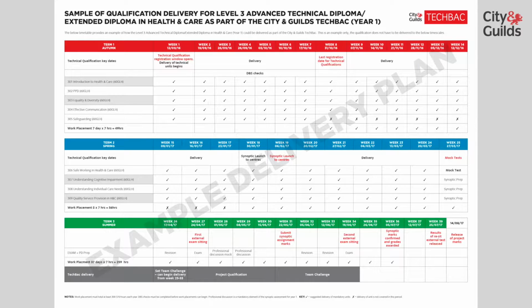The Advanced Technical Diploma in Health and Care is completed in 1 year, and it consists of 9 mandatory units. These units introduce learners to the world of health and care and the range of employment and career opportunities that they might want to consider in their futures, which includes the values, the behaviours, the skills and the knowledge that health and care workers need to develop in respect of good practice.